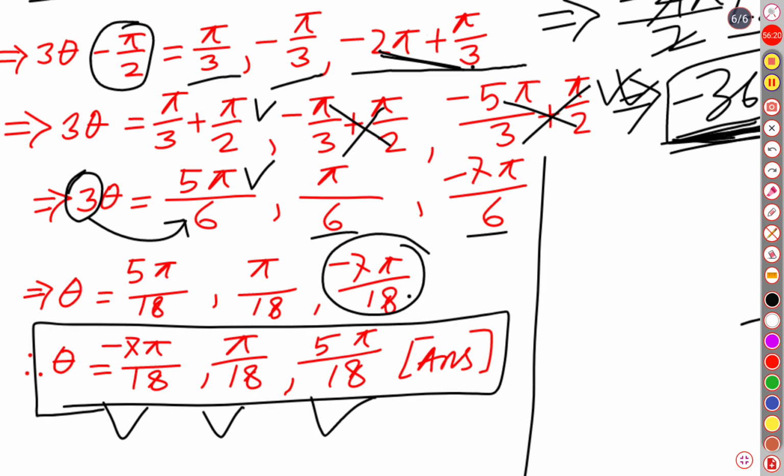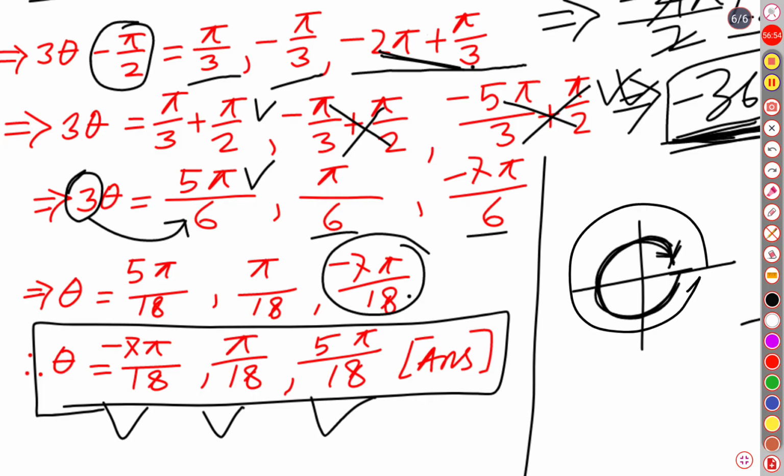So what have we learned from this? I think so far you have understood all the tiny and complicated parts of trigonometry, that it is all about domain and direction. For a negative value you will move in the clockwise direction, and for a positive value you will move in the anti-clockwise direction.